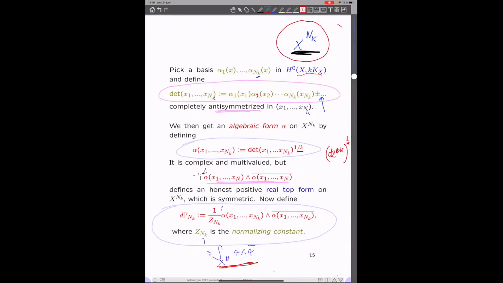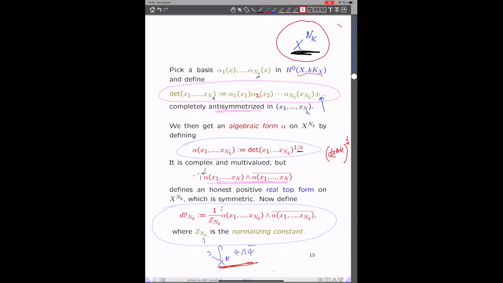First, you try to build your probability measure that way, but then I will actually do something a little bit more complicated. I will anti-symmetrize this completely, so it becomes a sort of determinant. This will be important later. When I do this, I still don't have a measure, because I really need this to transform as a measure.